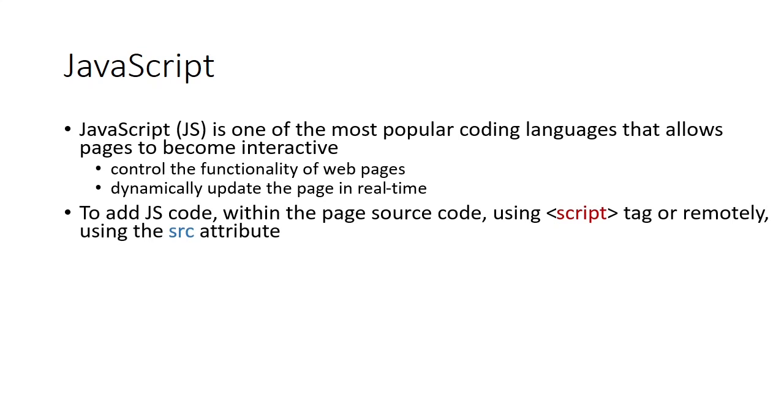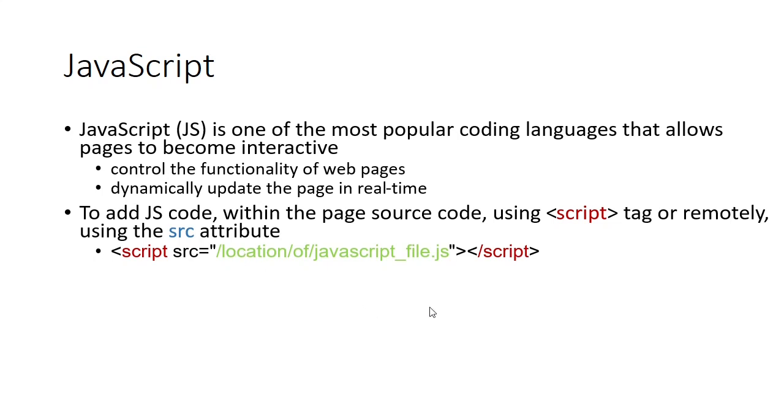JavaScript is added within the page source code using the script tag, and so we would insert all the script between the two tags, or it can also be included remotely using the SRC or source attribute for the script tag, like this. Here you go. So the JavaScript file is here, and that's where it comes from.